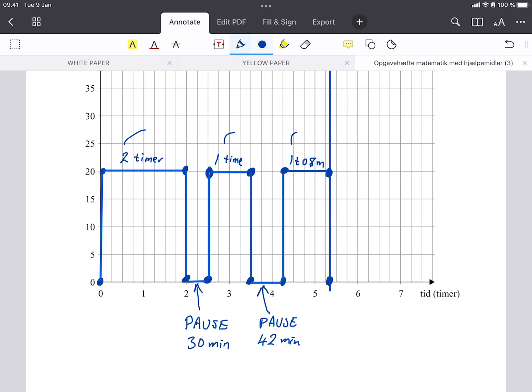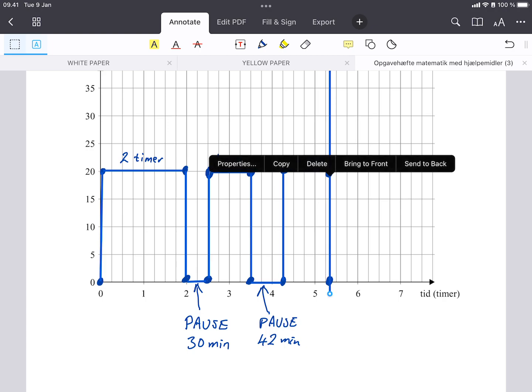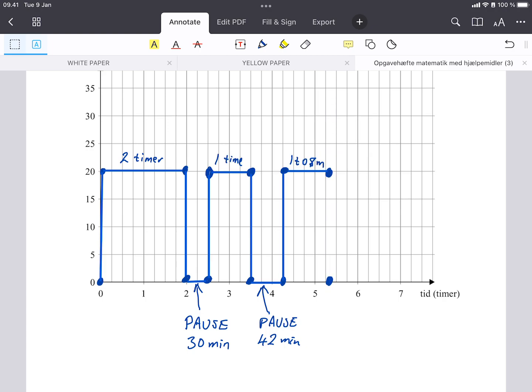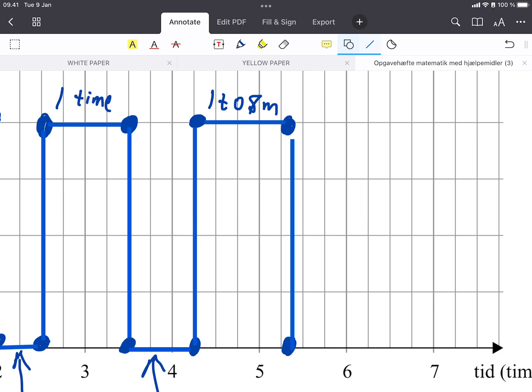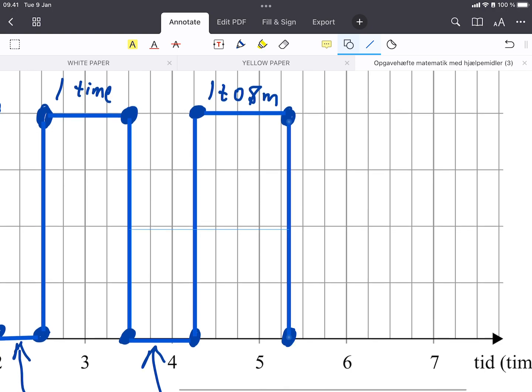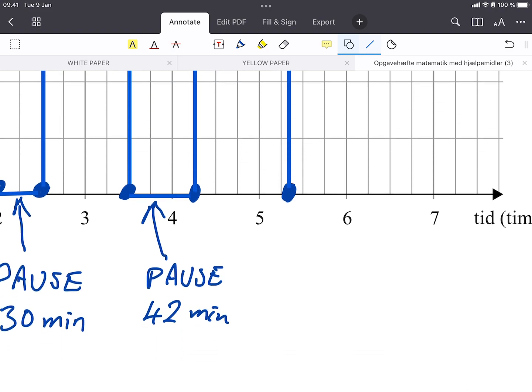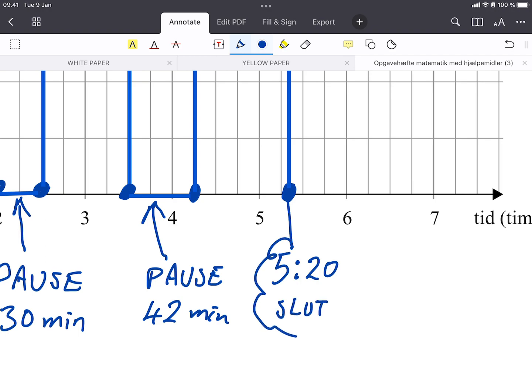Yeah, happy with that. So I'm just going to take off this line that I did earlier. Oh, I've taken off the whole thing, didn't want to do that. So I'll do another one. There. And then I just think I better mark in 5 hours and 20 minutes end there.